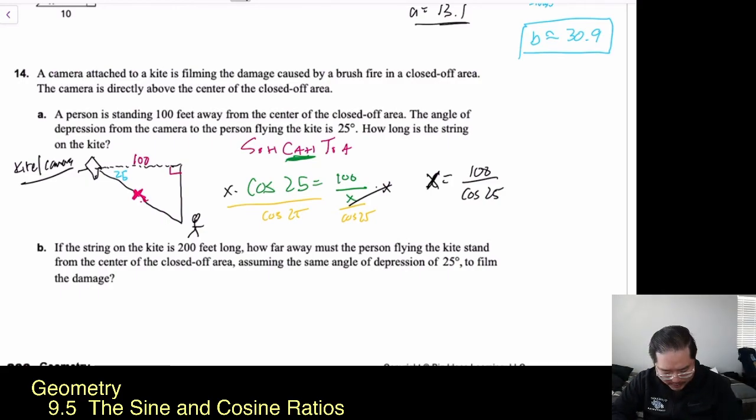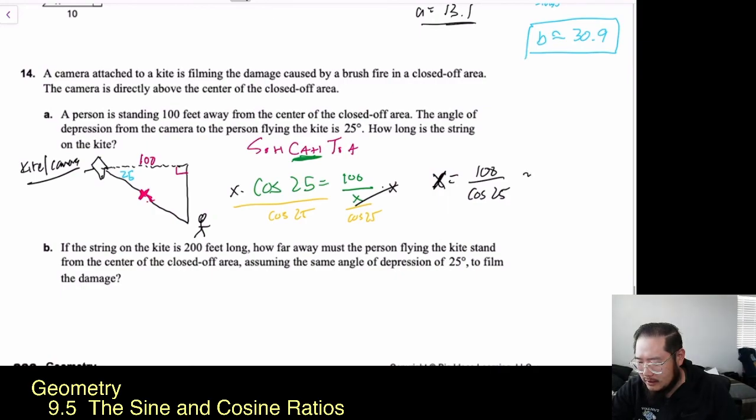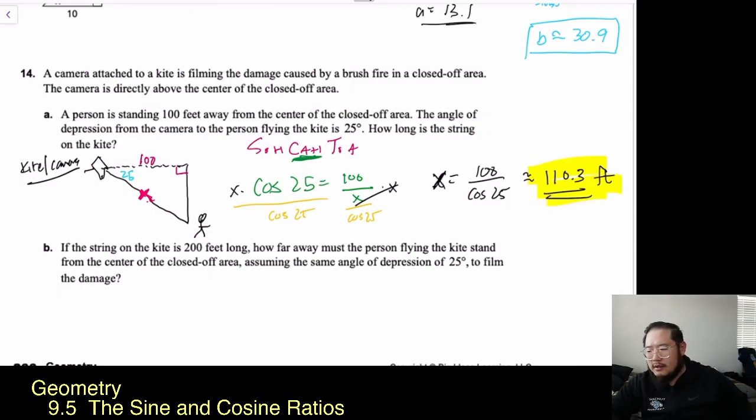So we'll go ahead and put that in right here. 100 divided by cosine of 25. And we get ourselves approximately 110.3. And that right there, and we'll put feet, that is the length of the string of the kite. Okay?